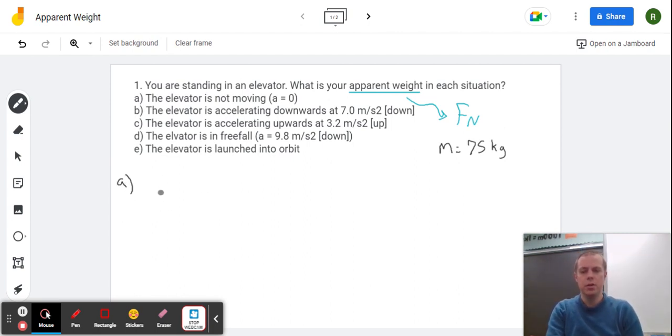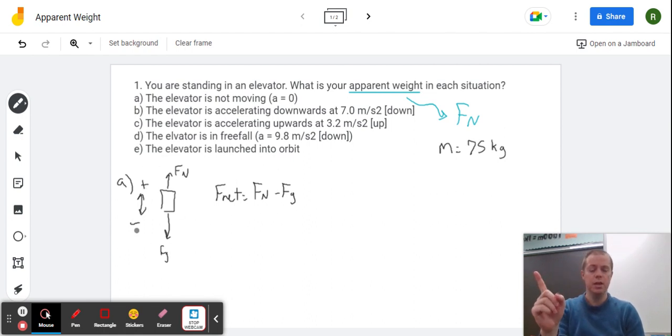So let's take a look at the first situation. In the first situation, the elevator is not moving, so the normal force and the force of gravity are equivalent. The net force equals the normal force minus the force of gravity, because I assigned normal force to be positive and gravity to be negative. The net force in this case would be 0. You're not moving, so no acceleration, so no net force.